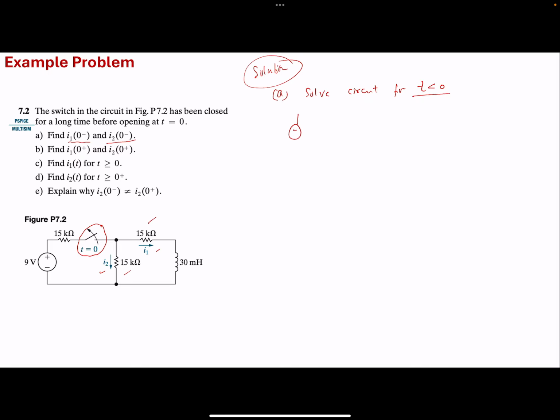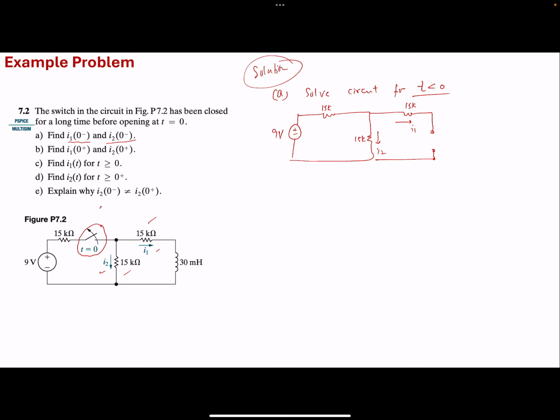So let's make a circuit for the switch closed, where we have this resistor, this resistor, this resistor, and an inductor. So this is 9 volts, 15K, 15K, 15K, with I2 and I1, and the switch was closed.